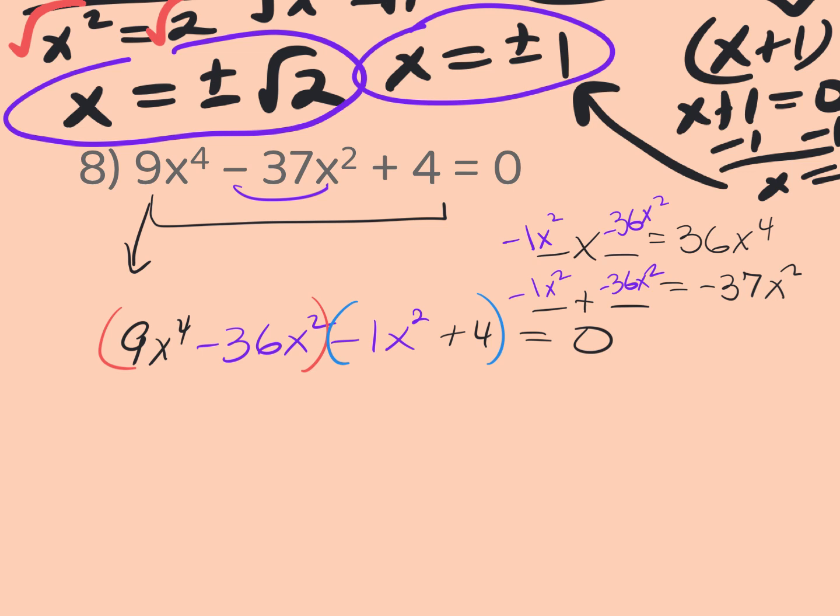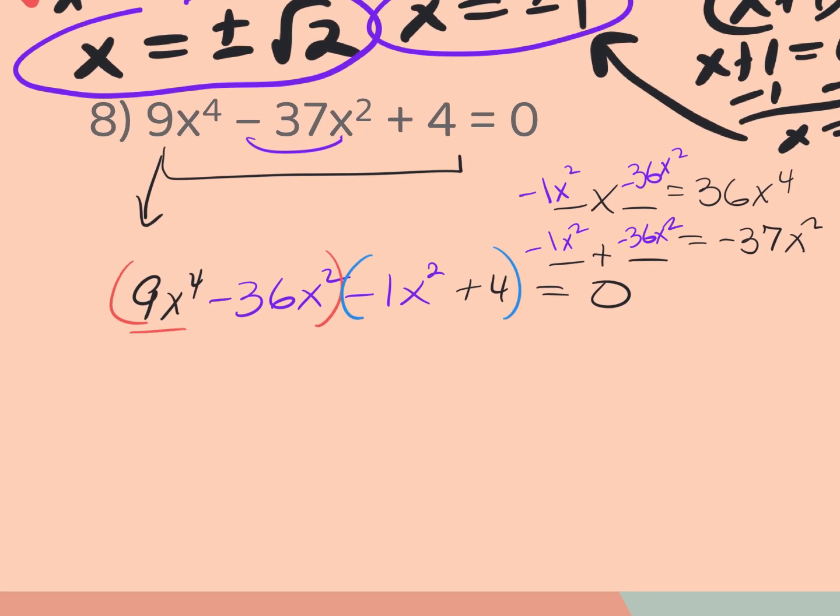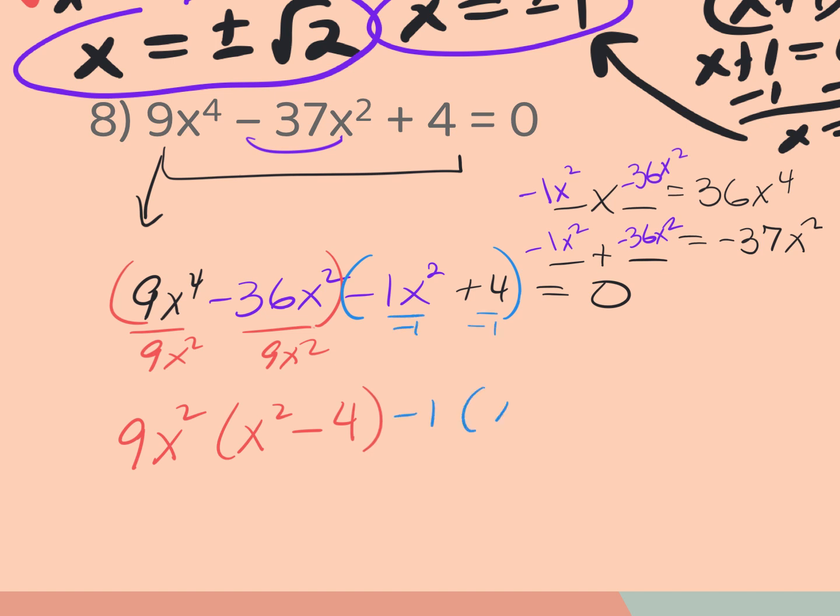My greatest common factor of the red group is going to be 9x squared. Divide it. The GCF of the second group is going to be a -1, because remember, you want it to look the same.